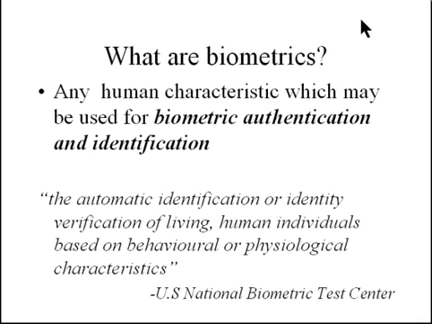Psychological characteristics wouldn't make any sense. But notice that this says physiological. So when we're talking about physiological, we're talking about thumbprints, facial scans, things of that nature. Behavioral will be the way you act. So handwriting would be one form of a behavioral biometric authenticator, as would be spoken speech.